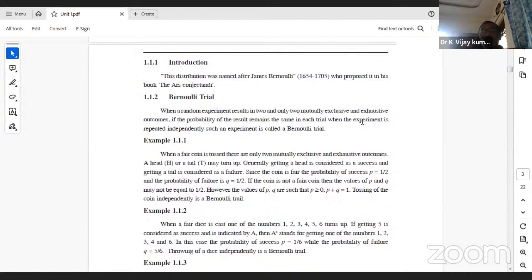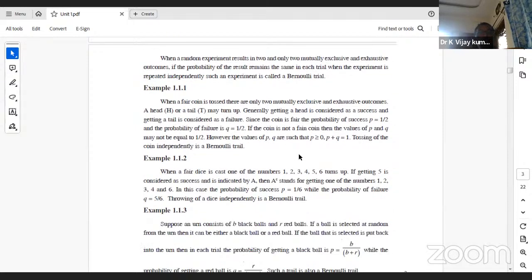Since the coin is fair, the probability of success and failure is 1/2, so P is equal to 1/2 and Q is equal to 1/2. If the coin is not fair, the values of P and Q may not be equal to 1/2, however P plus Q is equal to 1. So P is 1/2, Q is 1/2, and the sum is 2/2, equal to 1. So tossing the coin independently is a Bernoulli trial.